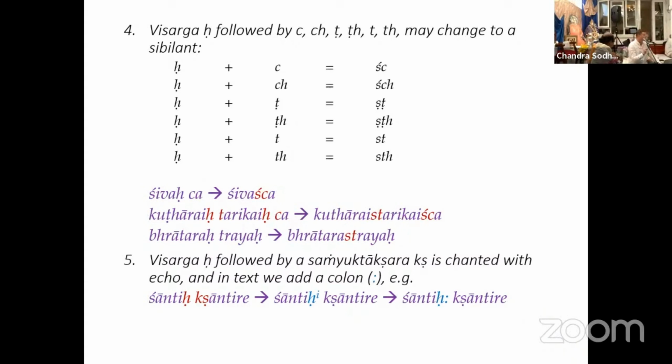It is ksh, and when we have this ksh, when before there is Visarga, it gets the echo. So shantihi, shantire, shantihi. It is actually denoted as a colon, with two dots, right? And we really need to change the echo and break.